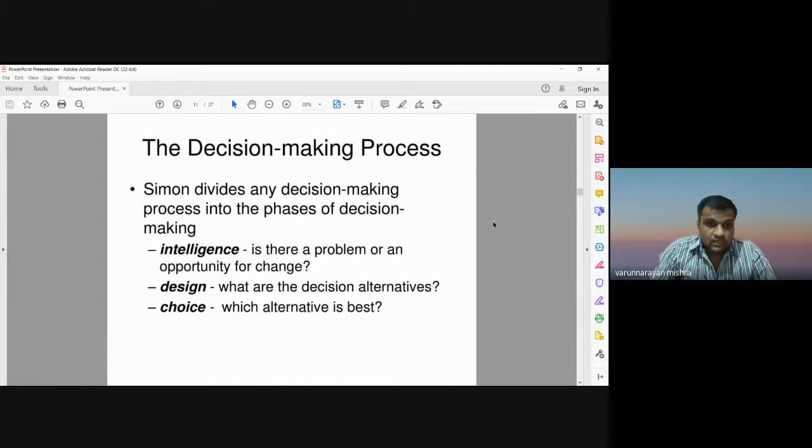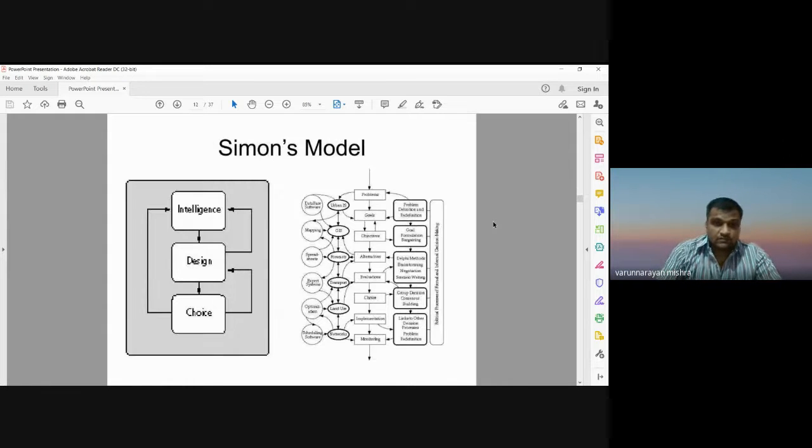You should check different alternatives, different outputs, then choose the best alternative out of all the available options.